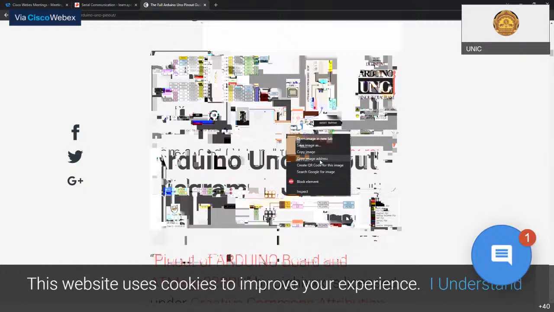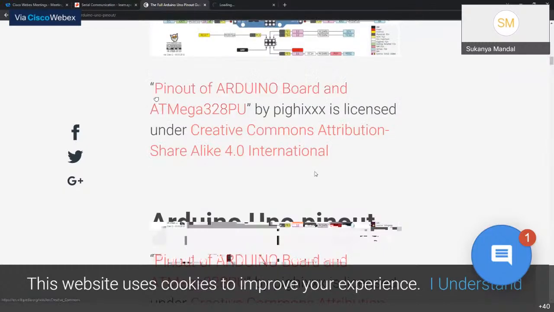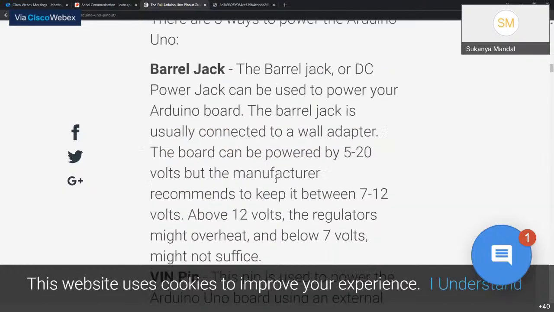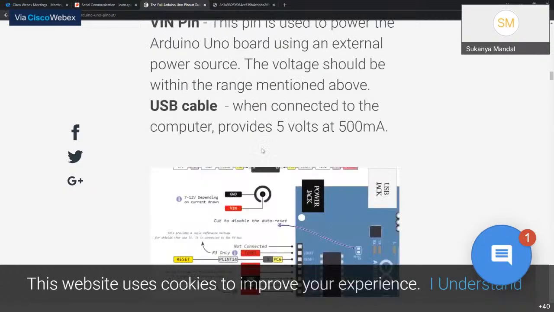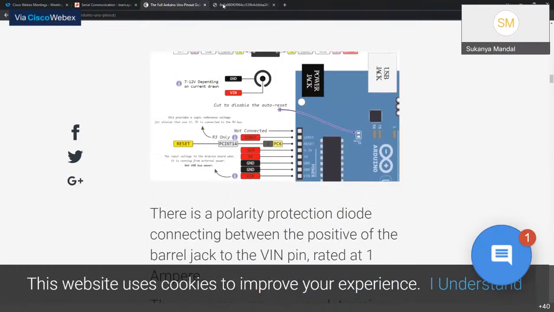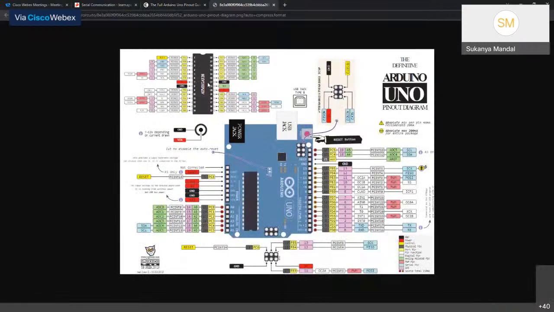I did zoom out. I zoomed to 300%. Make it 200, that is sufficient. But is this diagram visible right now? Yes, this is okay.